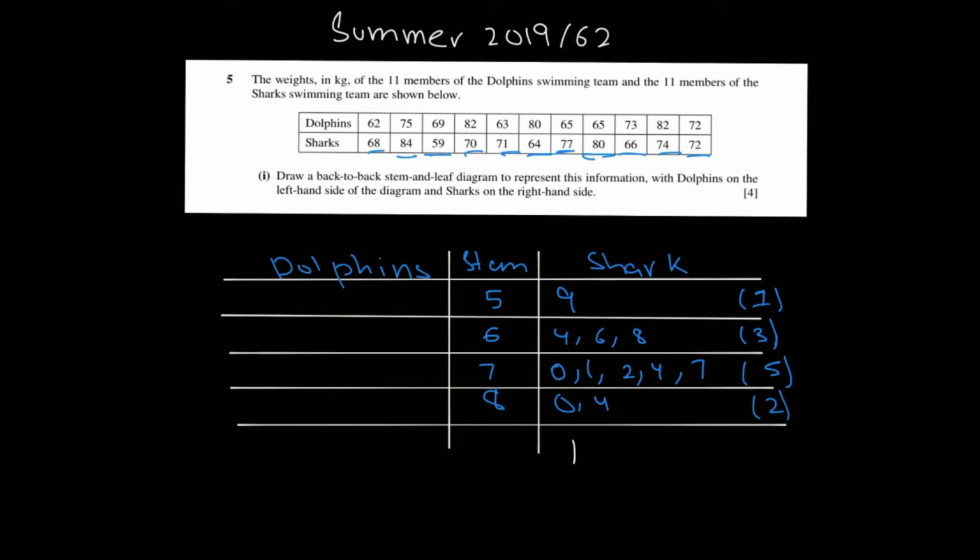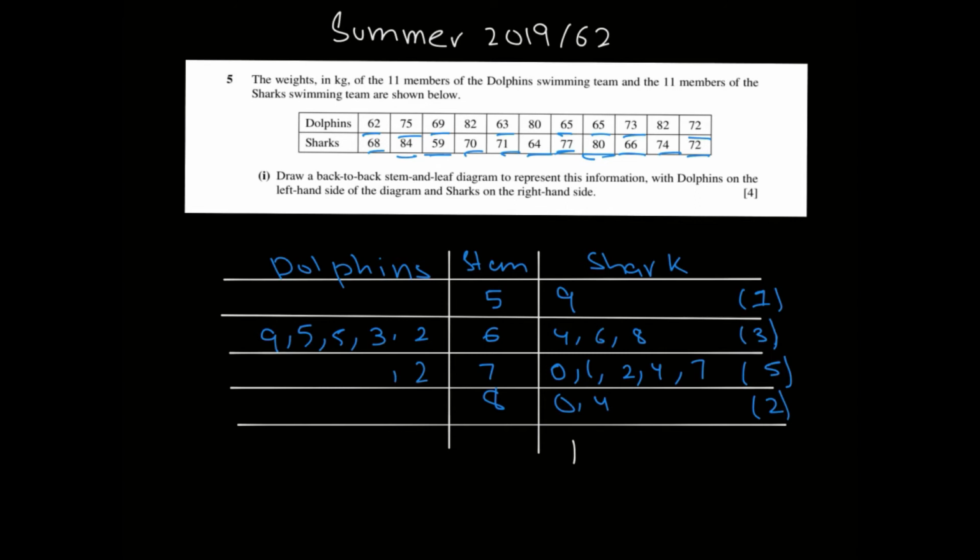On the dolphin side, we have 62, 69, 63. So let's write 2, 3, and 65. We have 5 twice, so we will write 5 two times, and then we have 9. And then for 7 we have 72, 73, and 75.